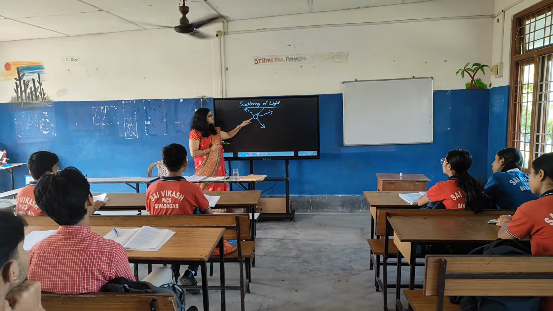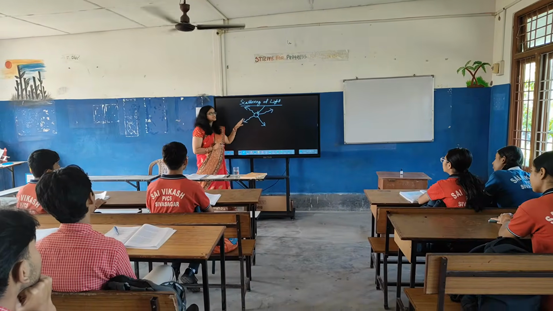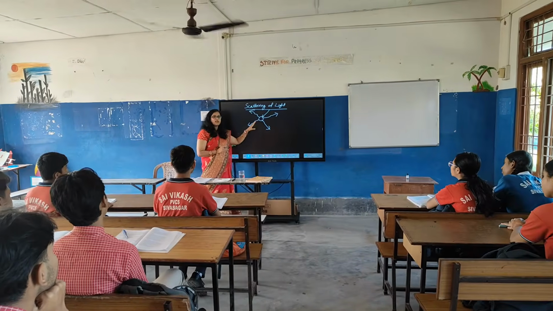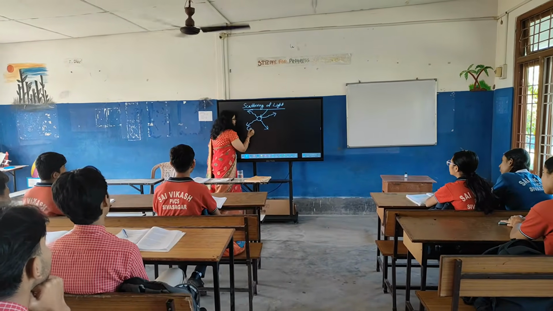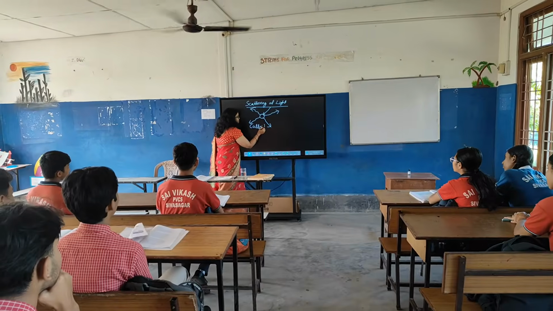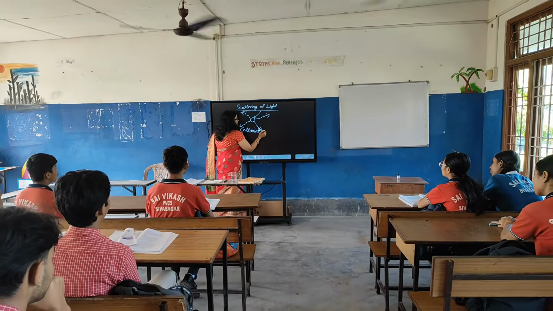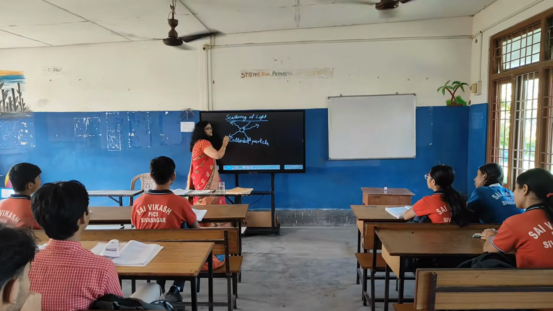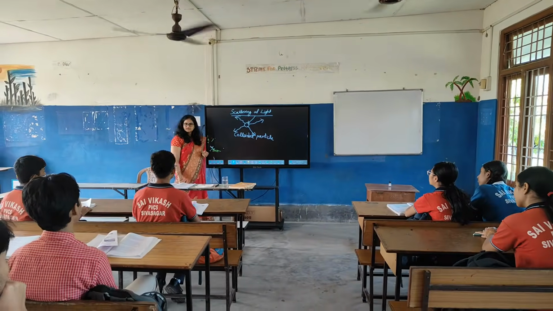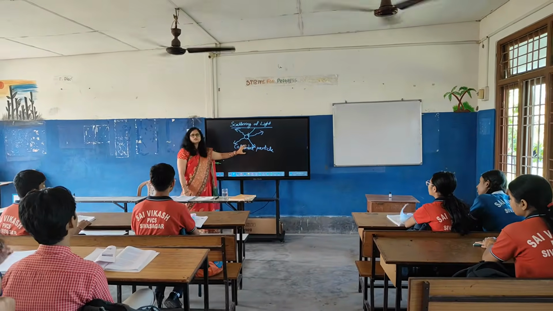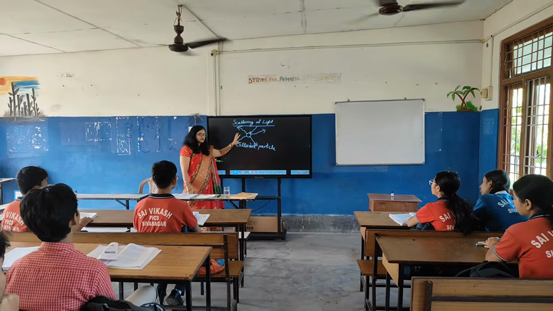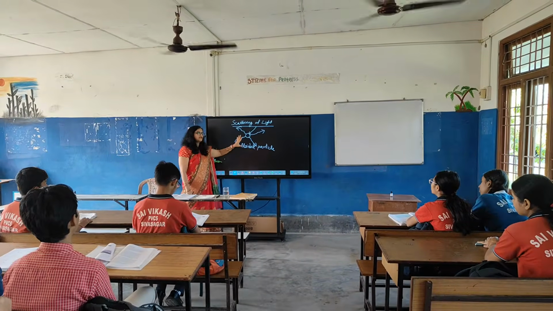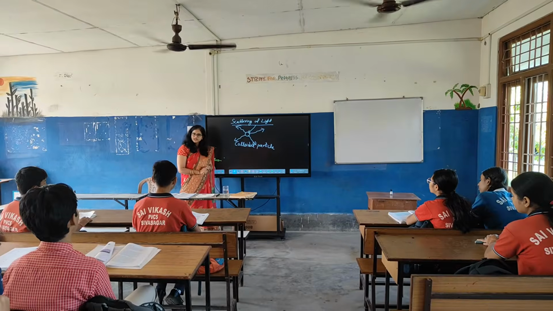Okay? So when the light comes out from this dust particle or any colloidal particle, through which the scattering of light takes place, these particles are called colloidal particles. So according to the size of the colloidal particle, you are able to see the color of the light.